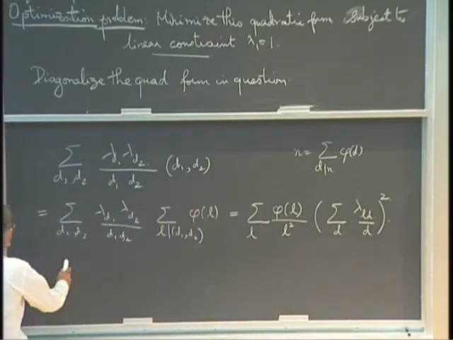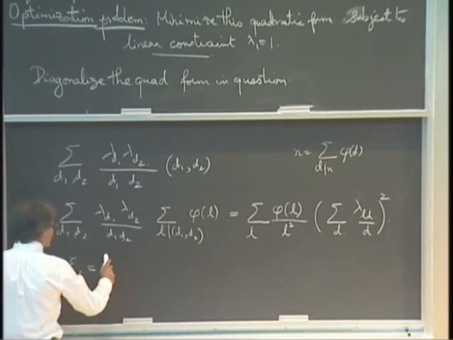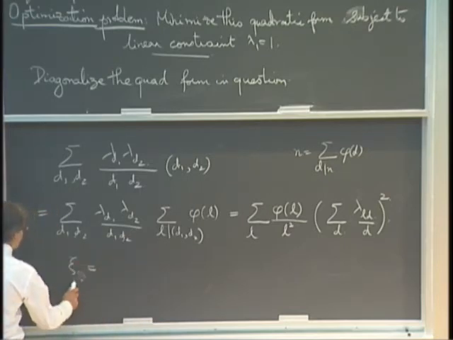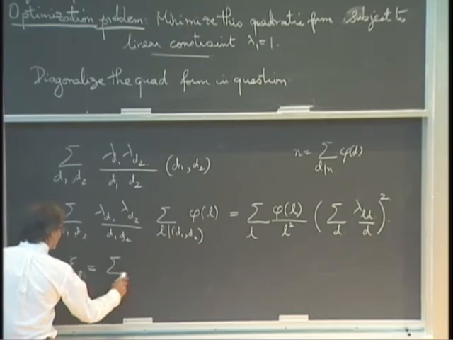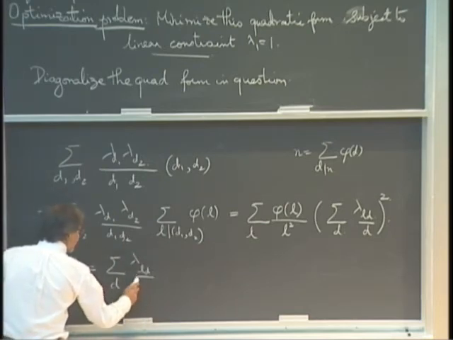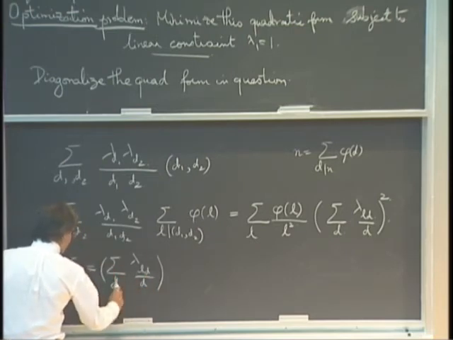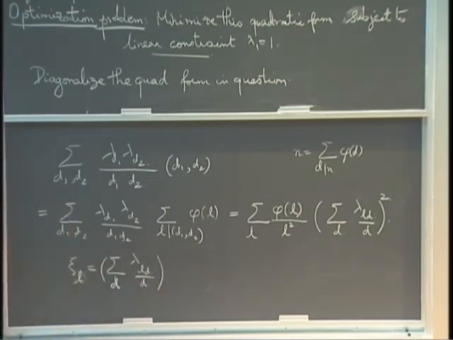Okay, what are the new variables? Let's write this as c of L, let's say, is the sum over d of lambda of L d divided by d. Yeah.